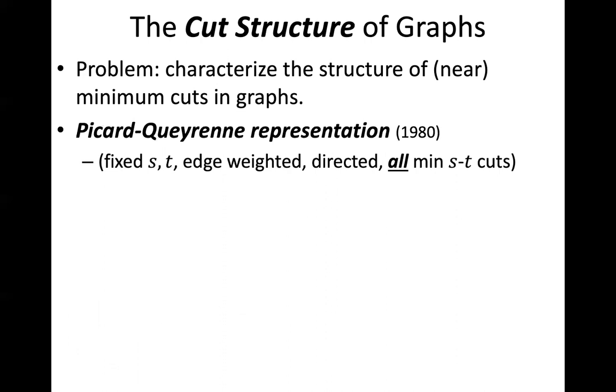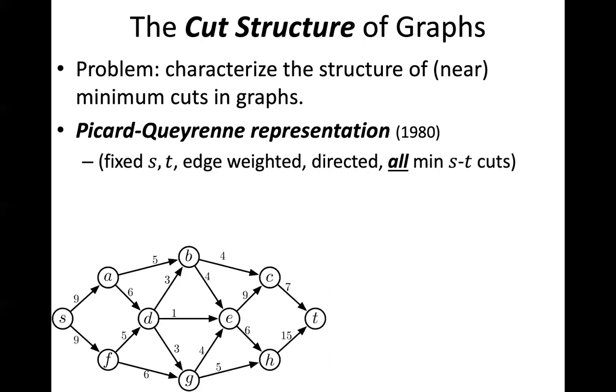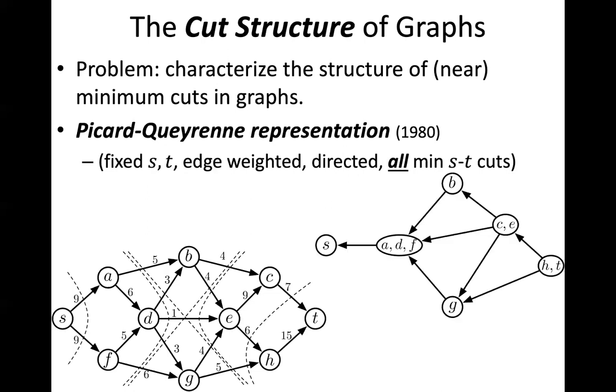Another example is the Picard-Queyranne representation for all minimum s-t cuts in a directed graph, where s and t are fixed. So here is an s-t flow network, and the cut value in this network is 18, and there are numerous minimum directed s-t cuts.